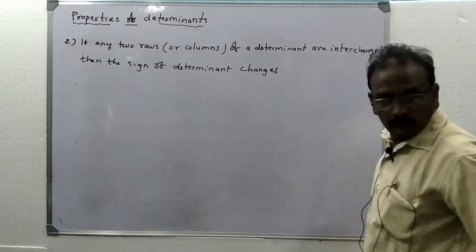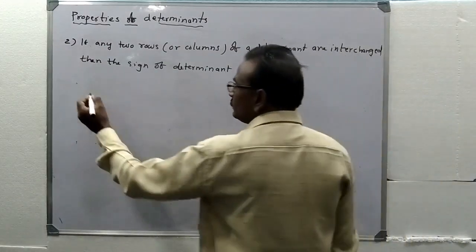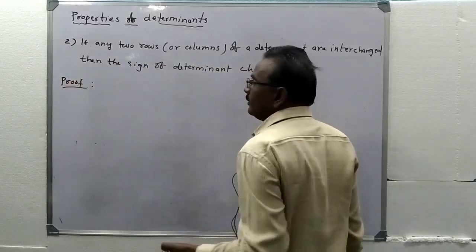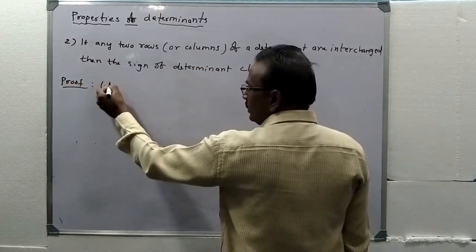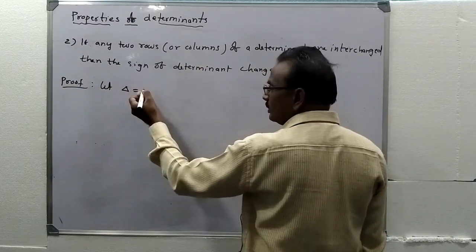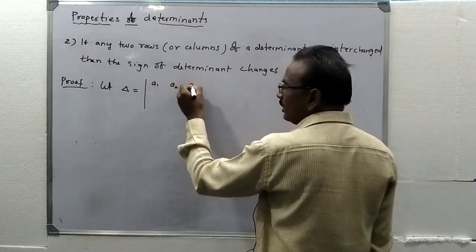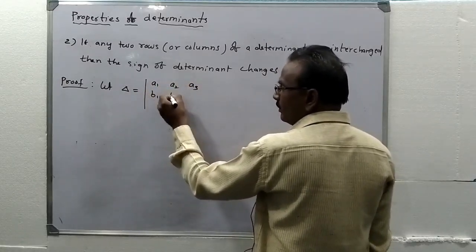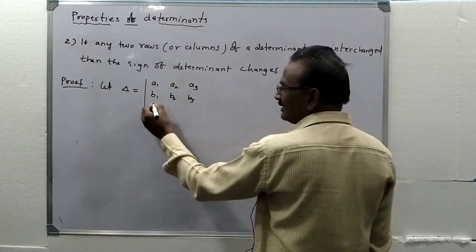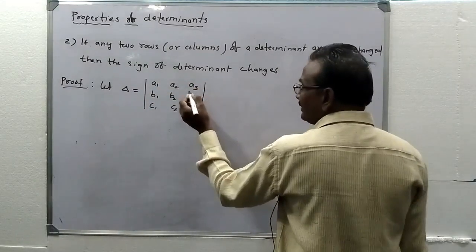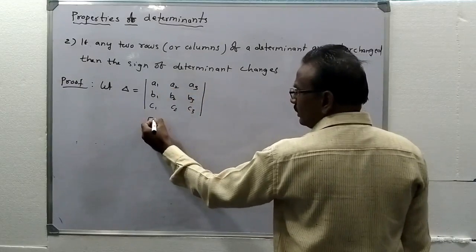So proof. Let delta be the determinant of a1, a2, a3, b1, b2, b3, c1, c2, c3. Expand along R1.